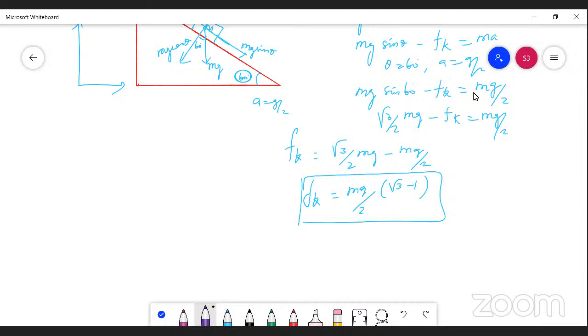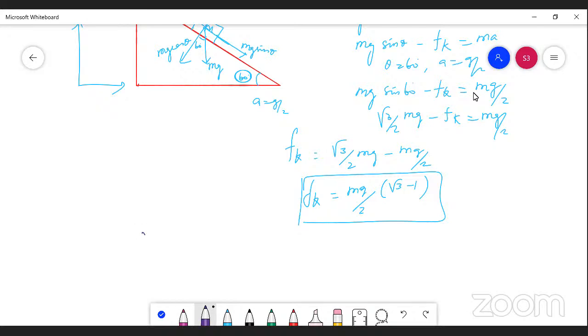Now, the object accelerates along the positive x direction. There is no acceleration taking place in the vertical direction, meaning along the y direction, because mg cos theta balances the normal reactive force.